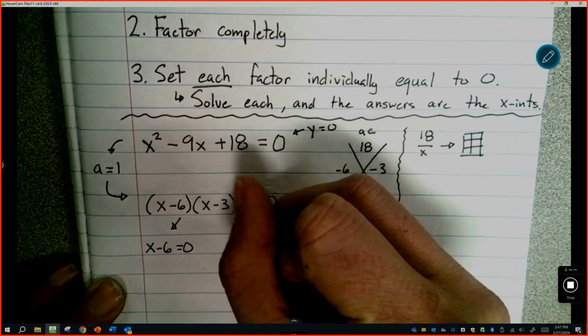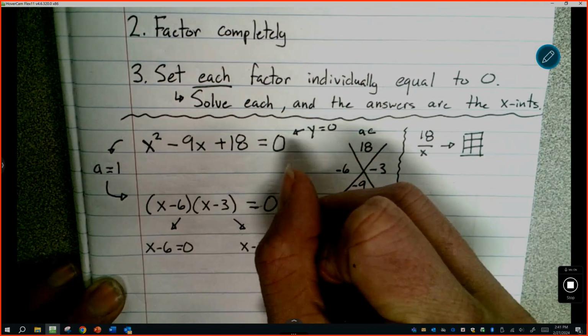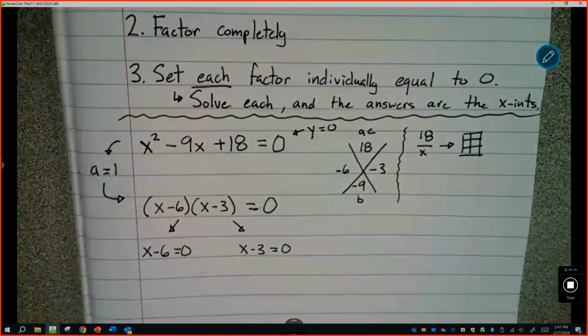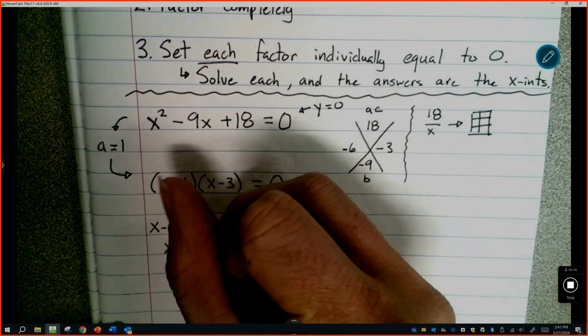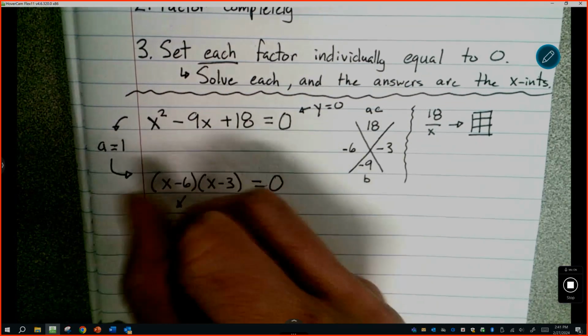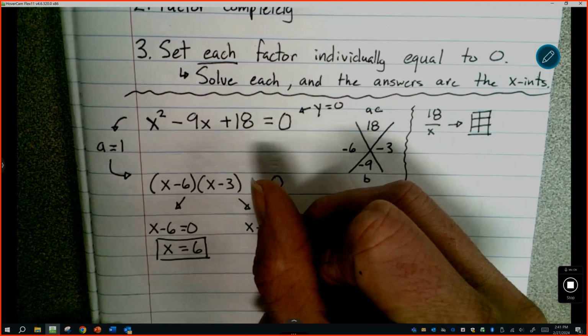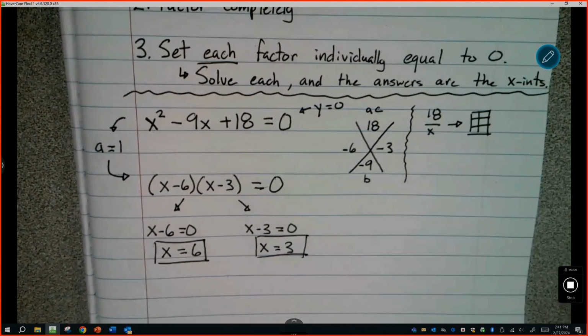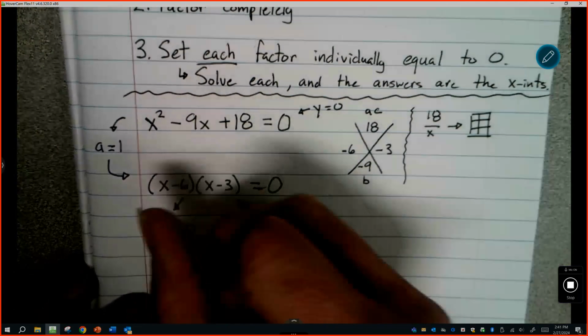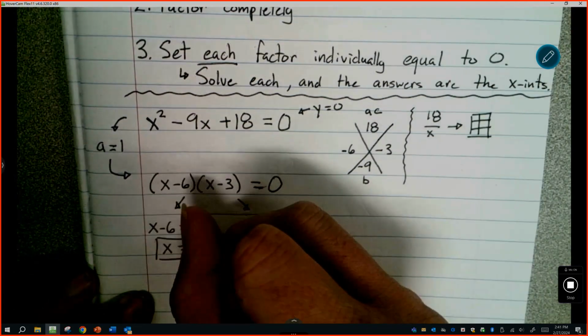So I'm going to take x minus 6, that's set equal to 0. I'm going to take x minus 3, that's equal to 0. And then we can see my x-intercepts are x equals 6 and x equals 3. I just added 6 on both sides for the left equation, and I added 3 on both sides for the right equation. These are my x-intercepts.